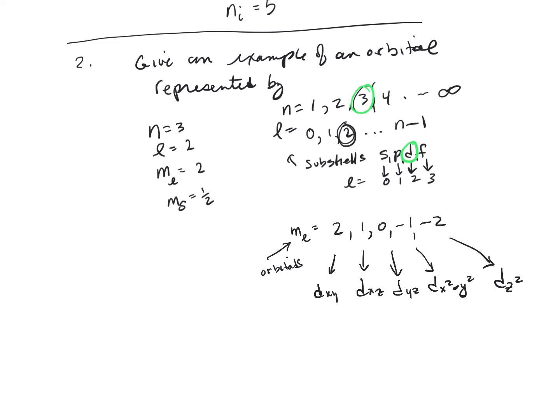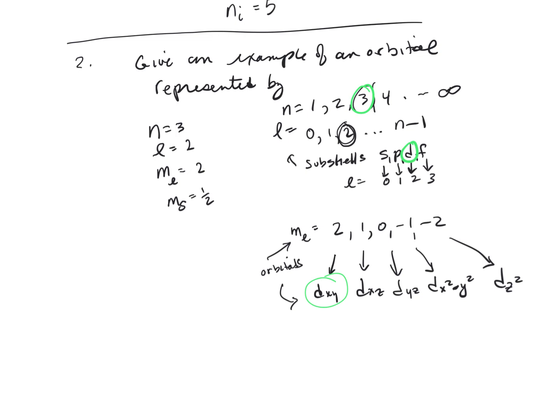Okay, so there's no real correlation between the number and the name of the orbital, right? Name of the orbital's down here. So in other words, 2 here might correlate with dxy, or it could be dxz. It just has to correlate with one of these in the set of 5. So you just pick one. We'll just call it that one, okay? Could be any of the 5, and that'd be fine.